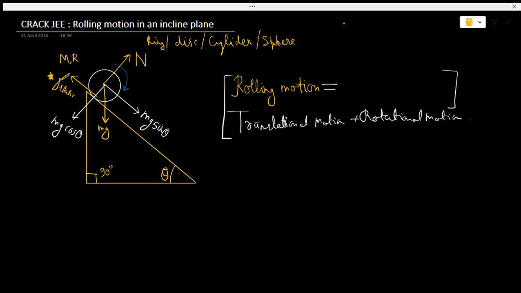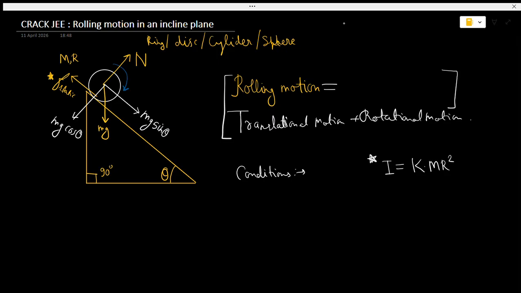Now let me define some very important formulas, or conditions, that are important for studying this topic and solving questions on rolling. One key formula is the moment of inertia, which we often write as I, and for this topic I equals k m r square.